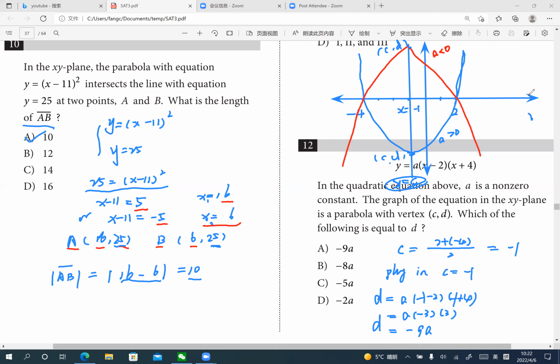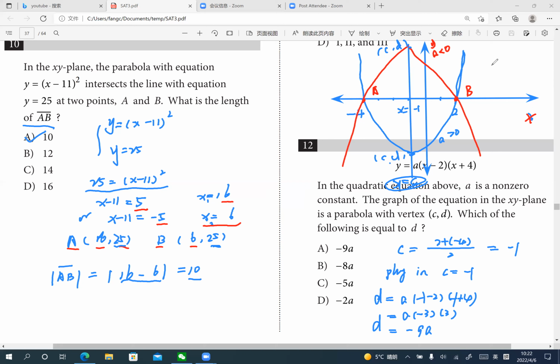So this is the x axis and this is the y axis, and I use A and B to represent the two intercepts.